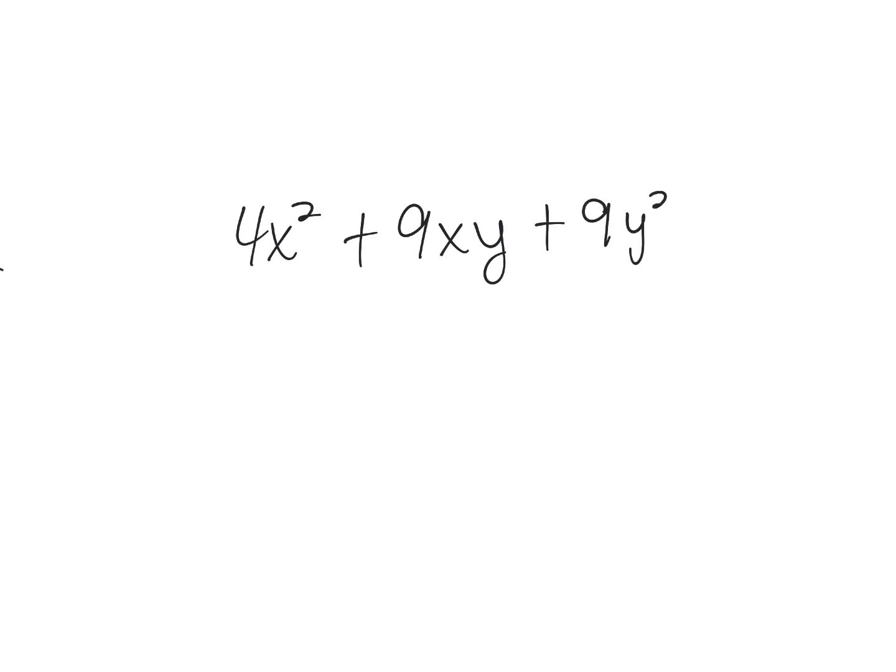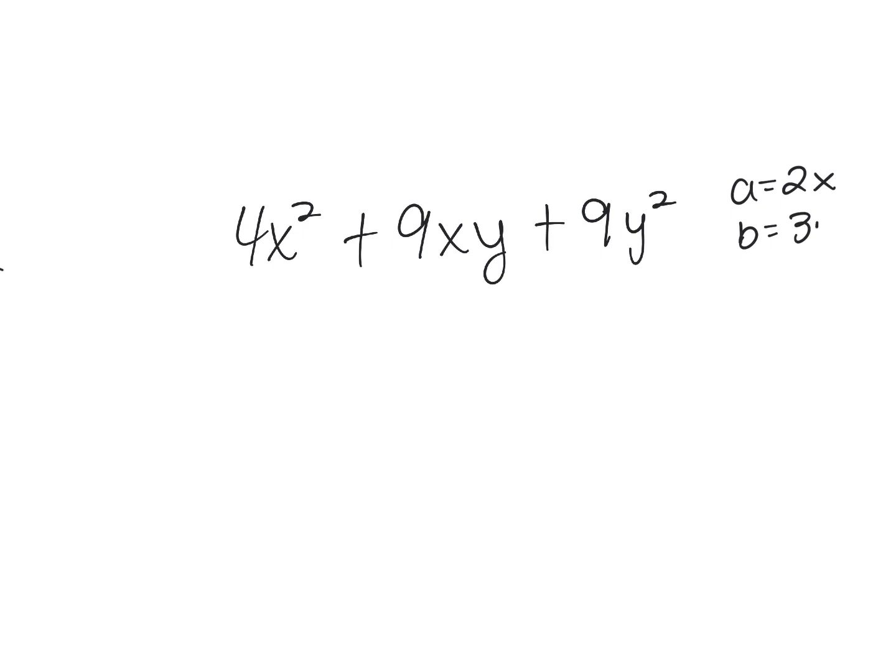One more off to the side just for fun. If I gave you one that was this, 4x squared plus 9xy plus 9y squared. Let's factor this. Is your first term a perfect square? Yes. That would be 2x. The last term is also a perfect square.